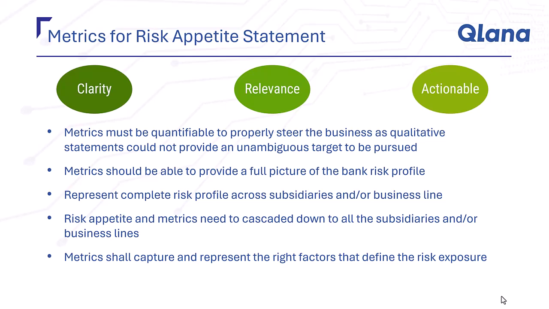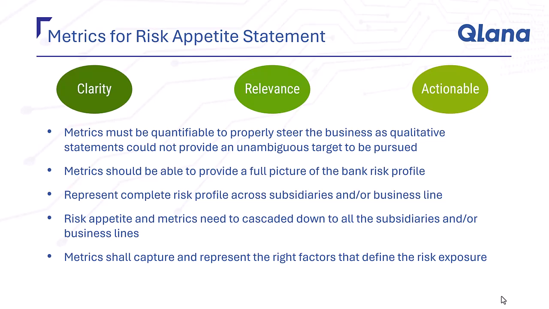We will not talk about just one metric, we will talk about multiple factors. The combination of these factors needs to provide a full picture of the institution's risk profile. So we need to look at absolute values and relative values. We need to look at credit risk, as well as all the other risks that are prevalent in your institution.